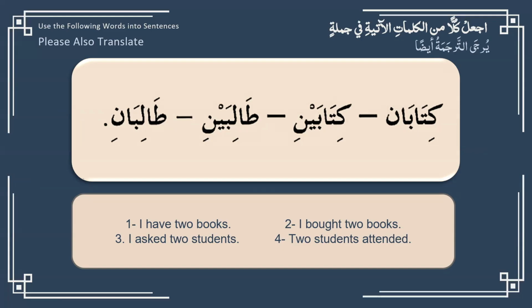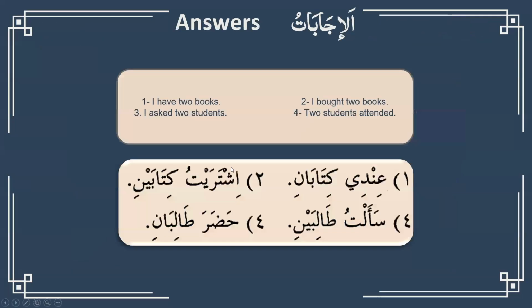It will be kitabayn. I asked two students. Ask would be saaltu. Saaltu talibayn. Very good. Two students attended. Attend would be hadara. Hadara talibani. Very good. Here's the translation for all of these.